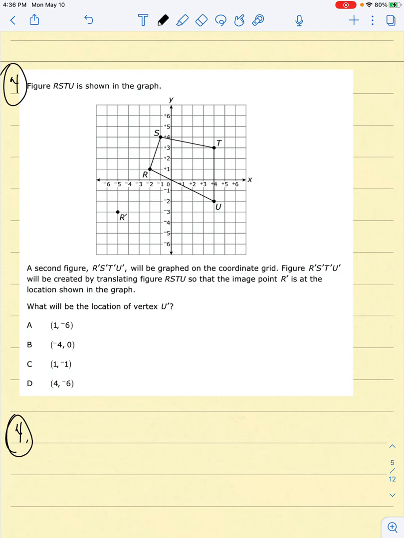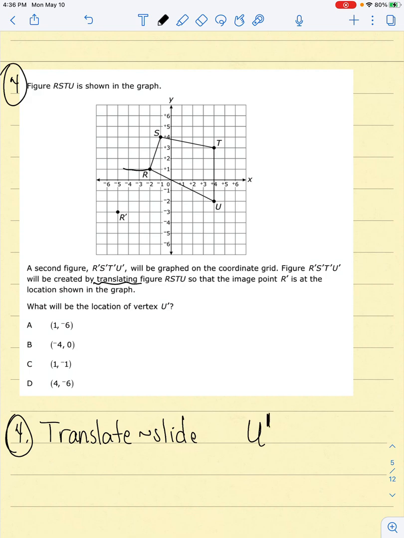Figure R prime, S prime, T prime, U prime will be created by translating. So remember, to translate means to slide. That's important. So that the image R prime is at the location shown. Here's the question. What will be the location of vertex U prime?